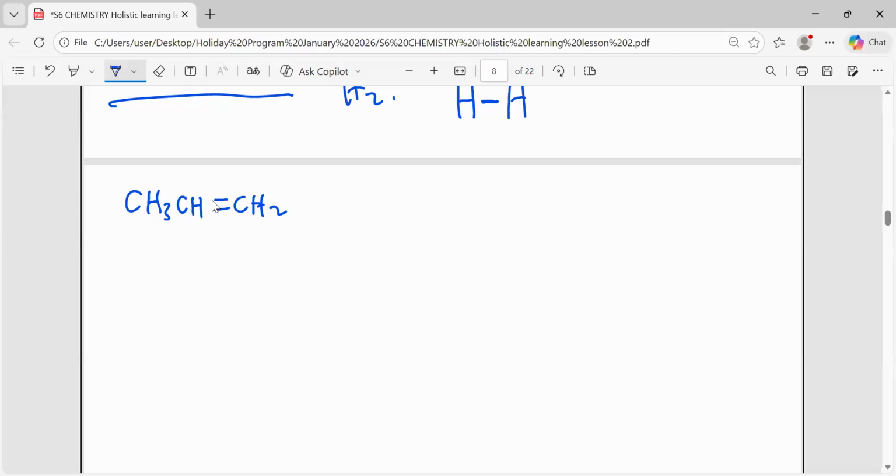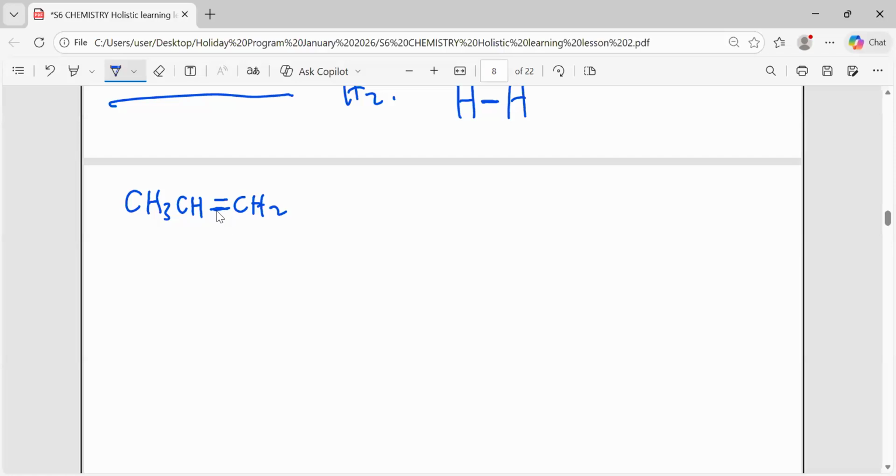You recall this is an alkene with a double bond, and one is a sigma bond and the other one is a pi bond. Now the pi bond we say it is weak, and therefore it can easily be attacked. Because it has electrons and it is weak, it can easily break.